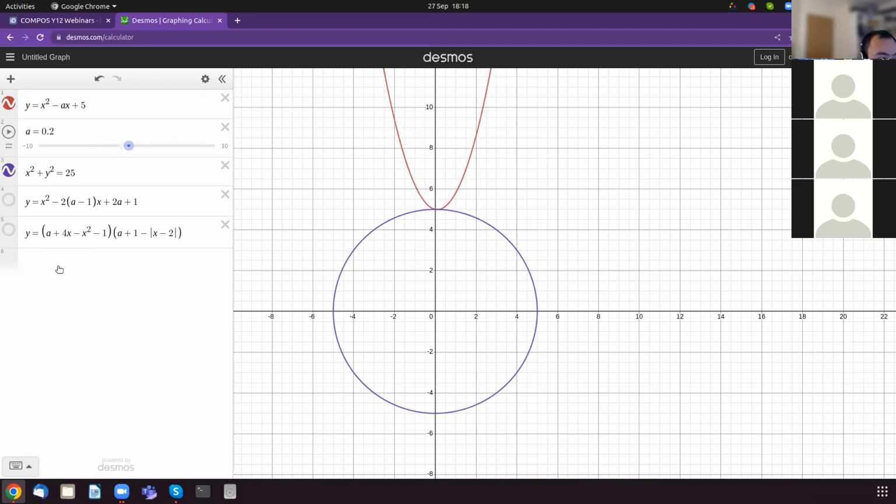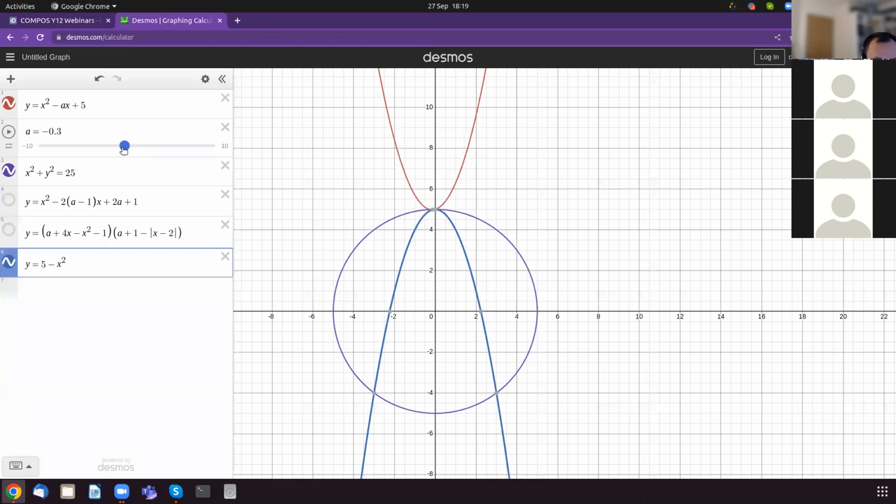So the easiest parabola we can come up with is y equals 5 minus x squared. Let's see if that is true. Oh, that looks magnificent. It was a guess, but it was an educated guess.